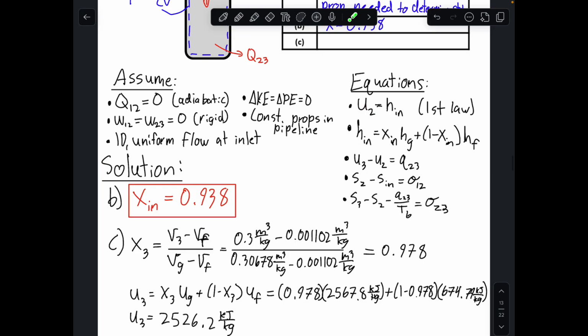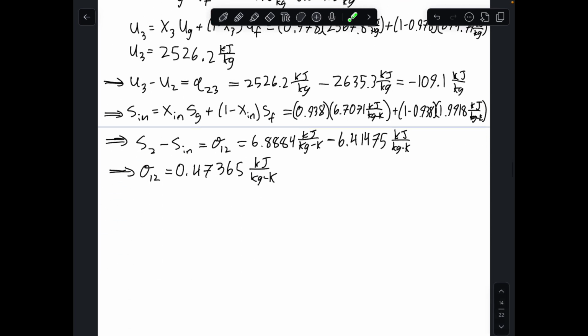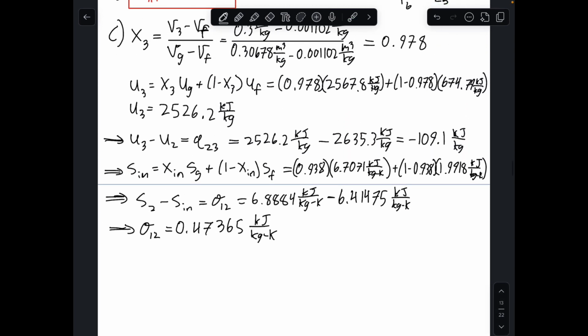So we just need to apply this final equation here: S3 minus S2 minus Q from 2 to 3 over T_B should be equal to our sigma from 2 to 3. So applying that equation, we get S3 minus S2 minus Q from 2 to 3 divided by the boundary temperature is equal to the entropy generation from 2 to 3.